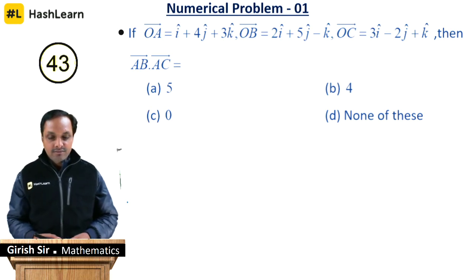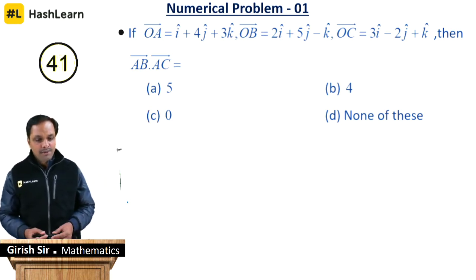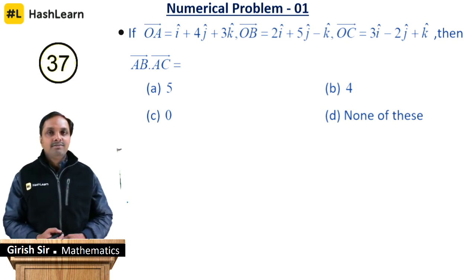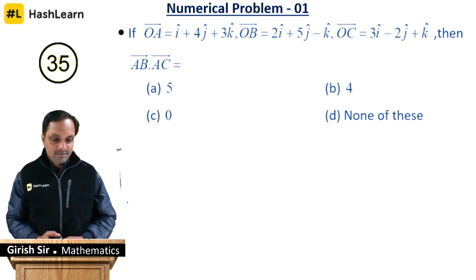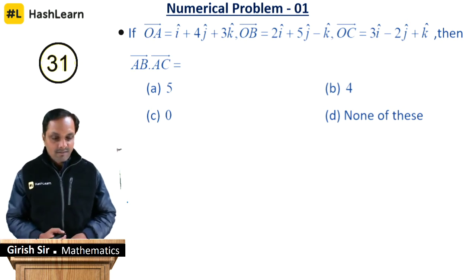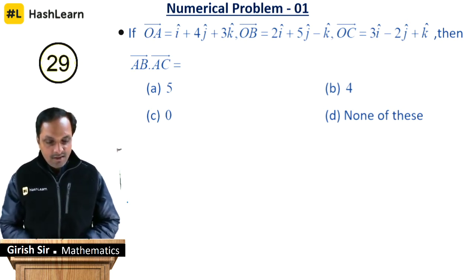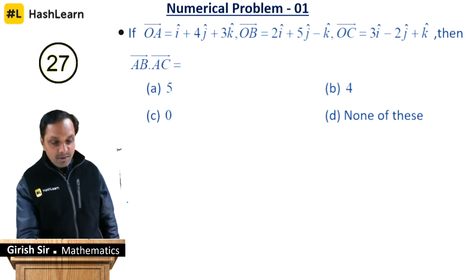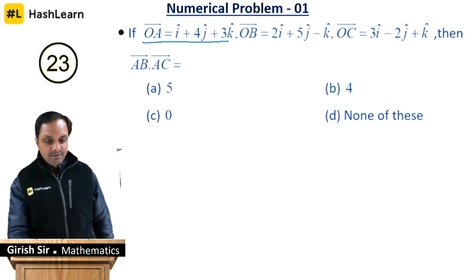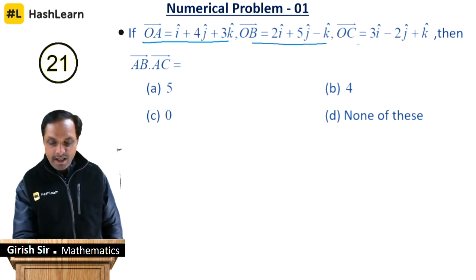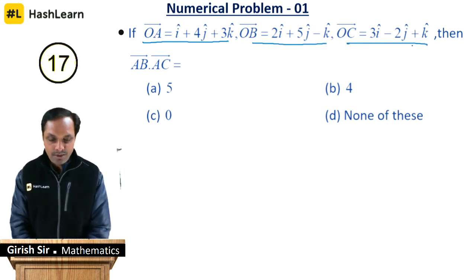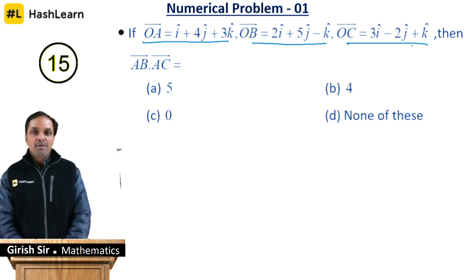Here they are asking what is AB dot AC. They are giving you the positions of A, B and C with respect to the origin: OA, OB, OC.